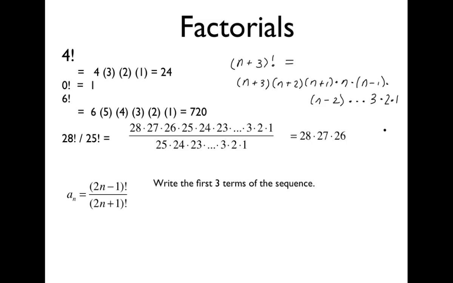Okay, how would you get the first term? How would you get A1? What would you do? Yeah, so what would we get? It's 1 factorial over 3 factorial when n is 1.